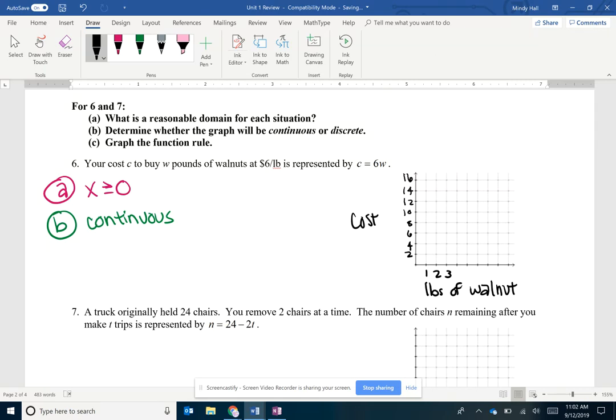So if I buy 0 pounds of walnuts, I pay $0. If I buy 1 pound of walnuts, I'm paying $6. If I buy 2 pounds of walnuts, I'm paying $12. And if I buy 3 pounds of walnuts, I'm paying $18. And because this is continuous, we're going to connect all of the dots. Okay?